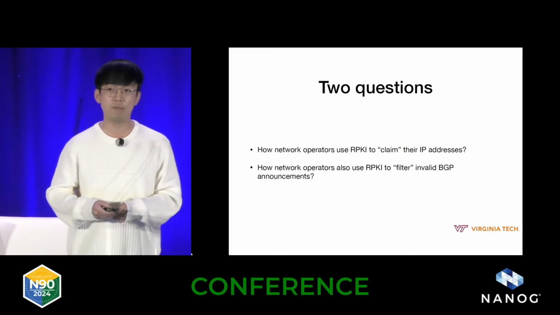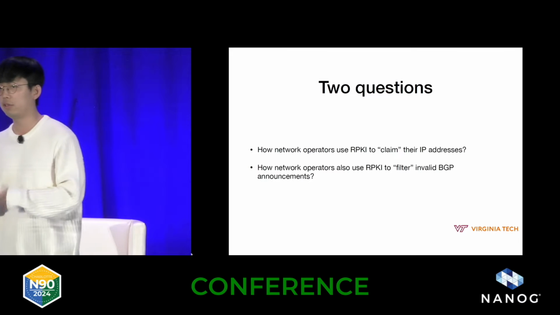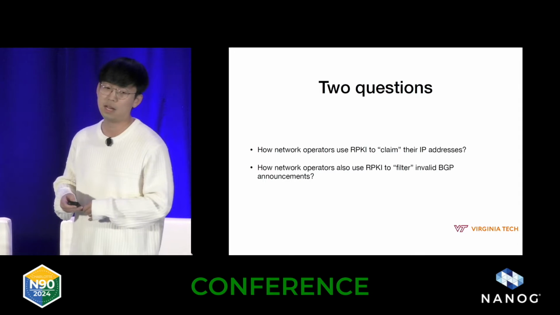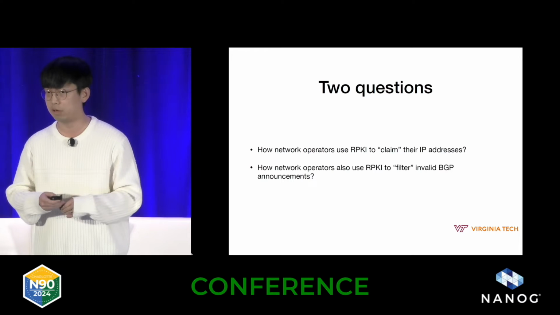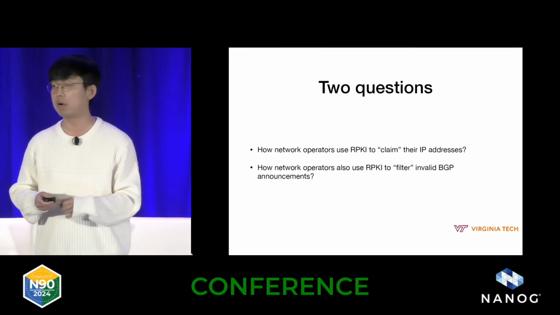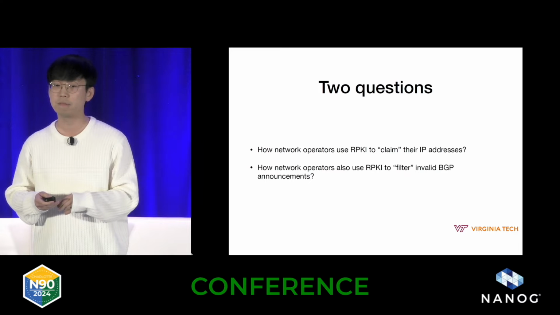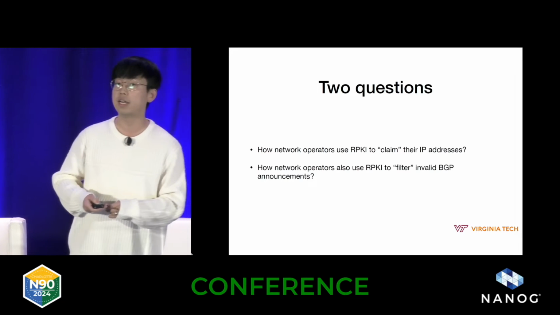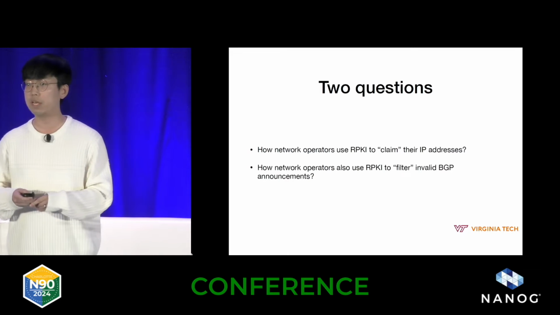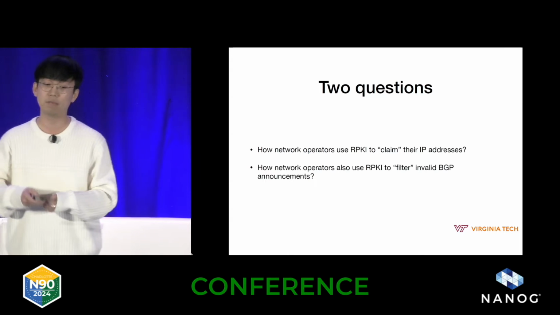Understanding the RPKI ecosystem has two challenges. The first one is how network operators use RPKI to claim their resources by creating ROAs and uploading them to their registries. The second is how network operators use RPKI to filter RPKI-invalid, ROA-invalid prefixes.